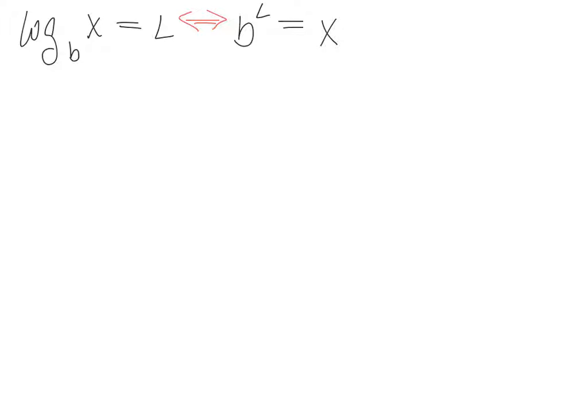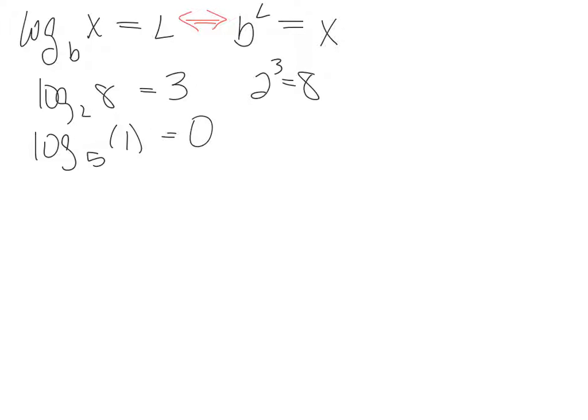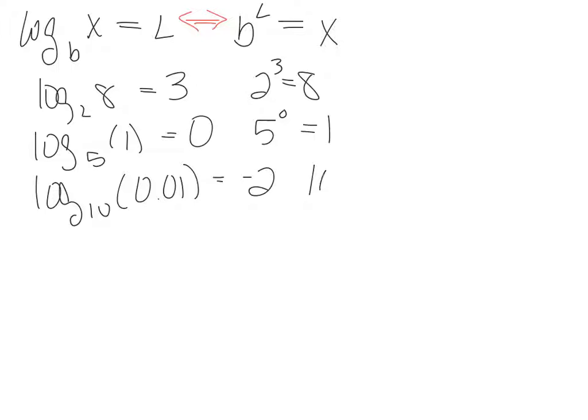To give you a few really simple examples, I can say log base 2 of 8 equals 3, because 2 to the 3 equals 8. Log base 5 of 1 equals 0, because 5 raised to the 0 power equals 1. Or log base 10 of 0.01 equals negative 2, because 10 raised to the negative 2 equals 0.01. See how they just go back and forth?